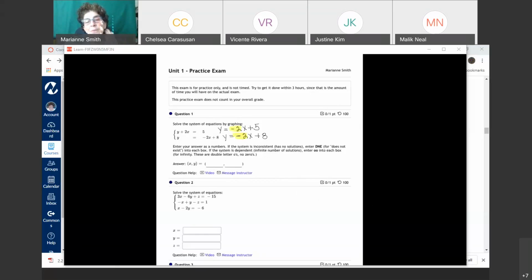No. Okay, so what you're seeing is a pair of lines that have the same slope but different intercepts. Everybody see that? That tells you these lines are parallel. You don't even need to graph them.